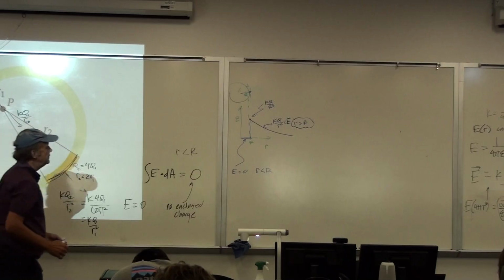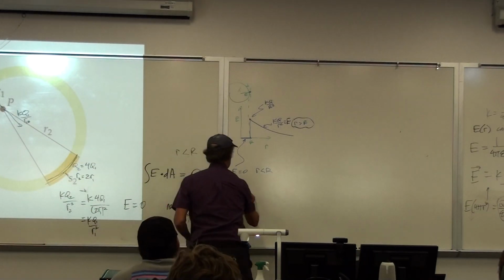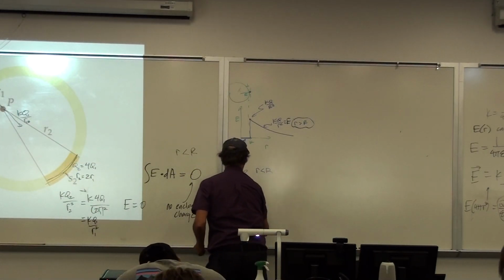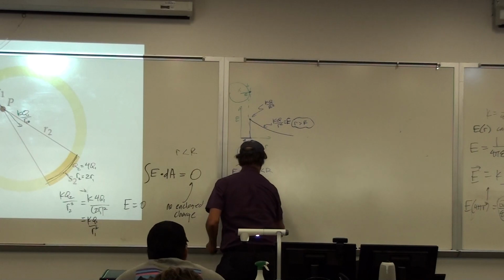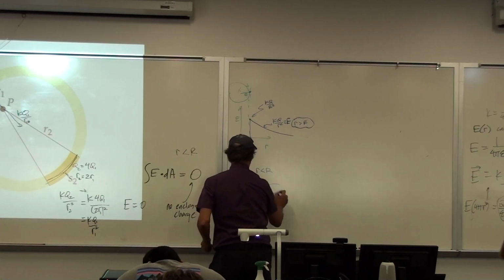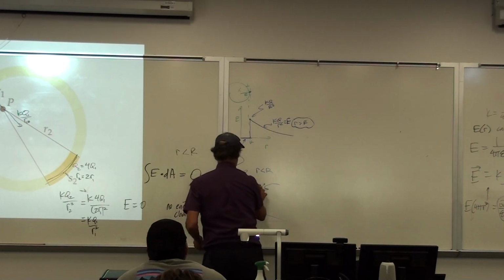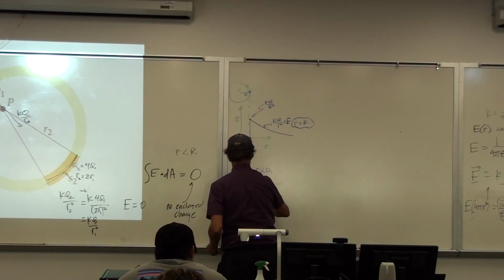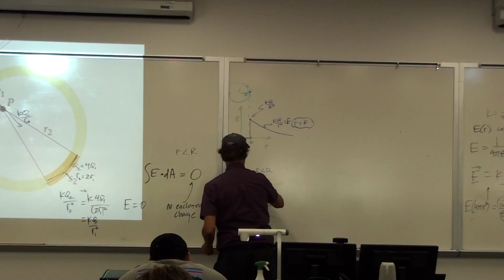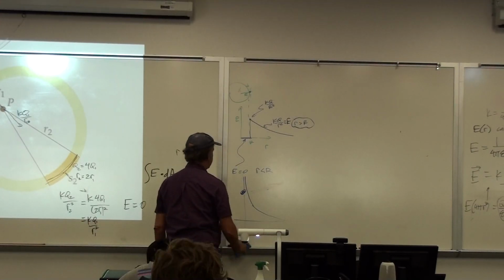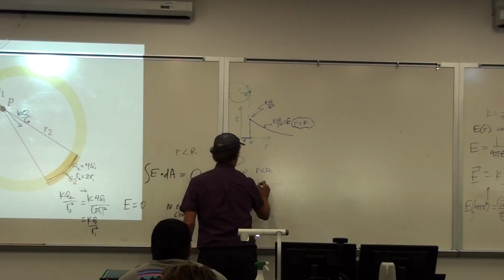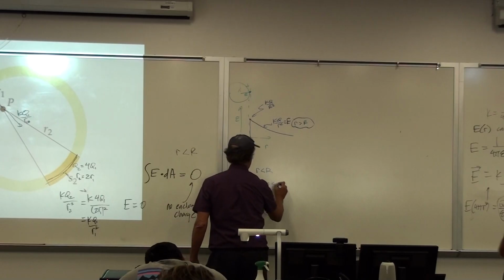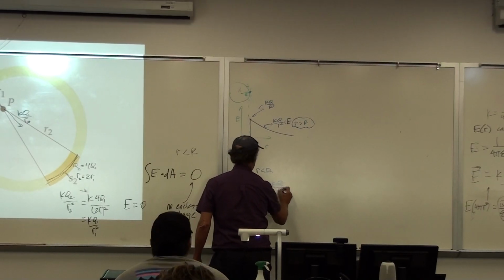For a point charge, the electric field just looks like here. It essentially is infinity because we've got 1 over r squared. So it goes up to infinity like that, E. And here, E is equal to kq over r squared.